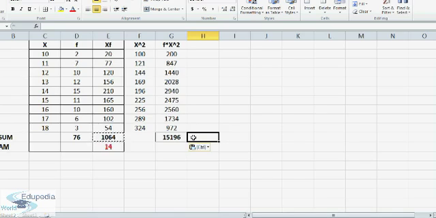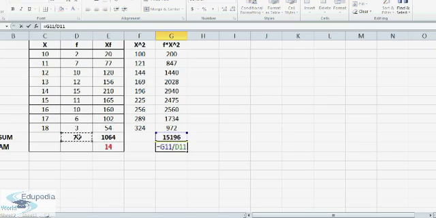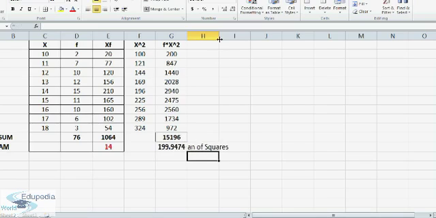Then we need to find the mean of squares, and that will be simply the value here divided by the capital N, which is the sum of the frequency. Okay, so this is the mean of squares. Let me write that here: mean of squares.